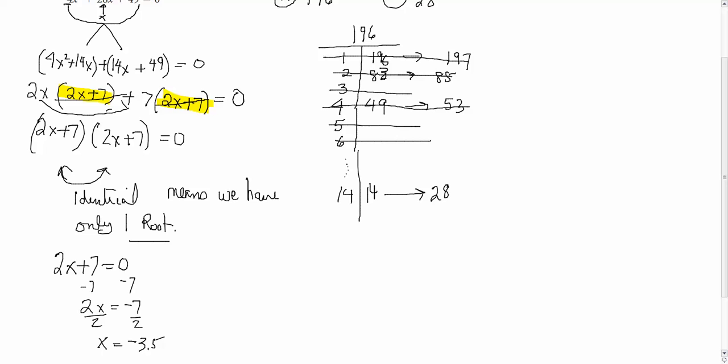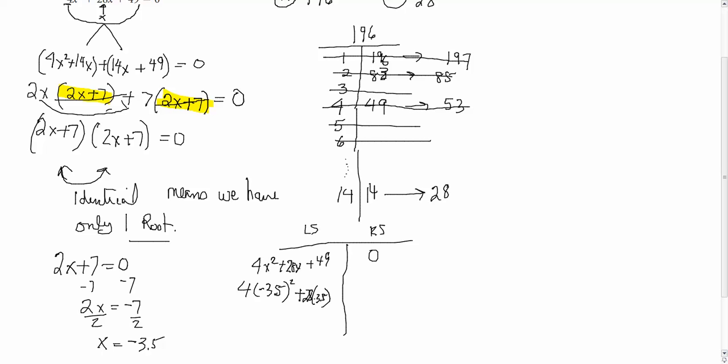We're going to do a left side, right side verification. Our right side is 0, and our left side is 4x squared plus 28x plus 49. We substitute in the value that we believe to be the root of the equation, negative 3.5. So we have 4 times negative 3.5 squared plus 28 times negative 3.5 plus 49.